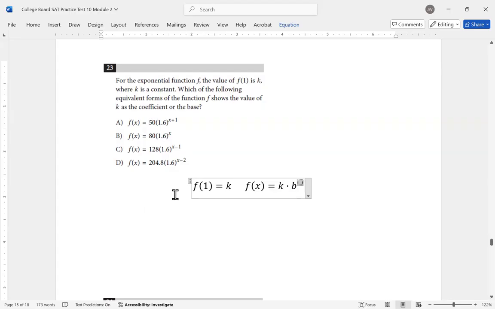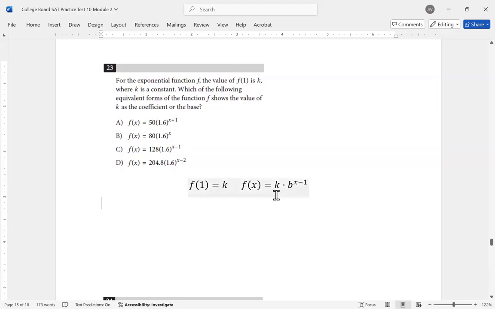Well, if I want to be able to plug in 1 and get a k, I want it so that when this x value is 1, the power is 0. If I make my exponent x minus 1, then when I plug in 1, I'll get k times b to the 0, and therefore we'll get what we want.